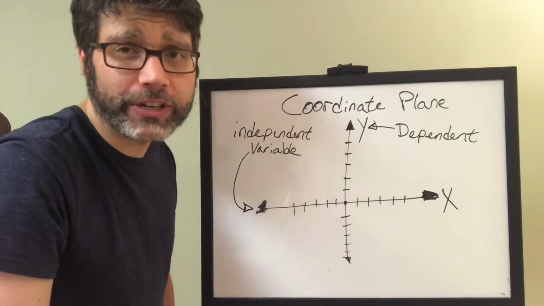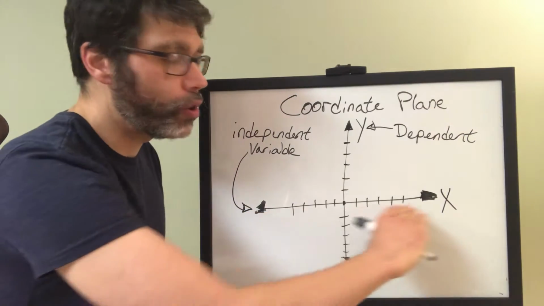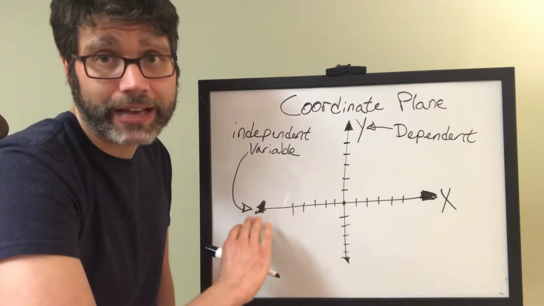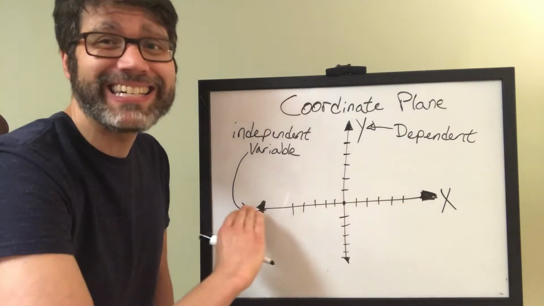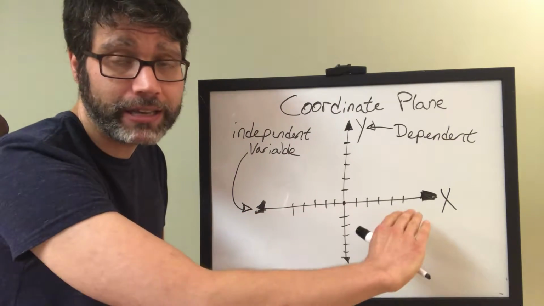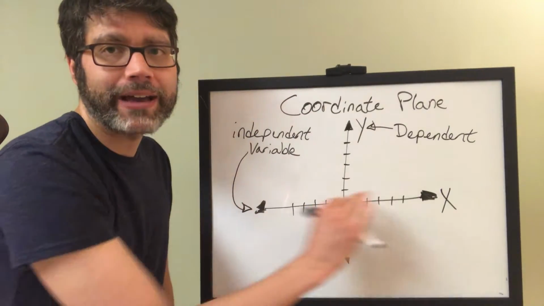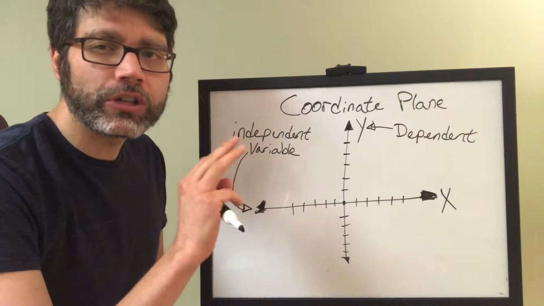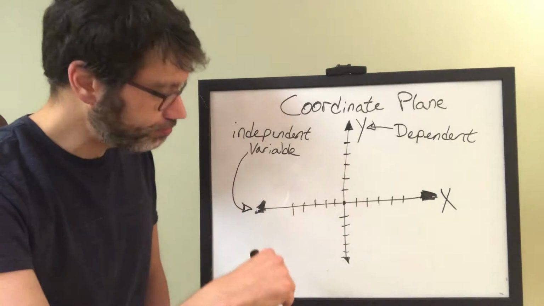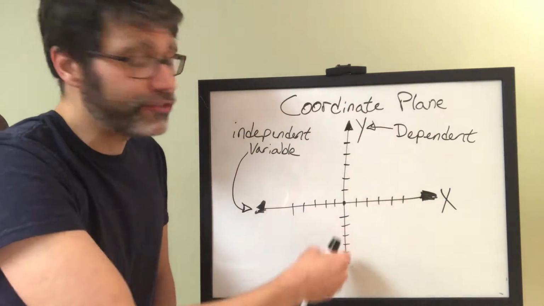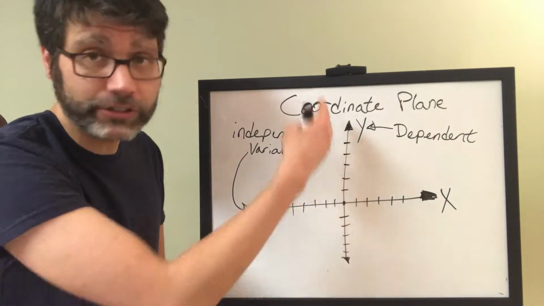All right, so here are some vocabulary words. We could call this horizontal axis the horizontal axis, or we could call it the independent variable axis. Or if we're using x as a variable, we would call it the x-axis. So all of those terms refer to the exact same thing. Likewise, for our vertical axis, we could call it the vertical axis.